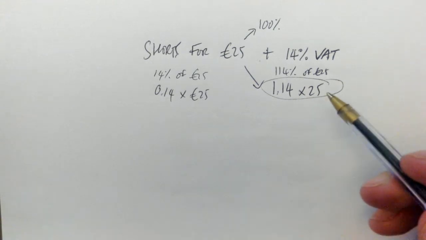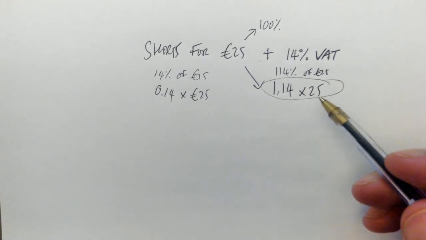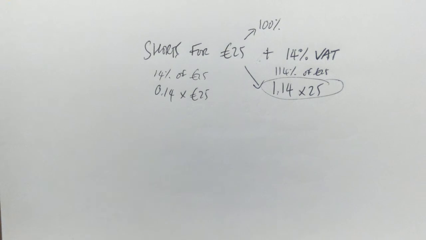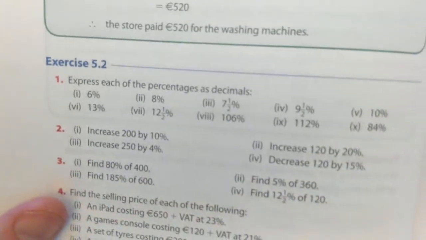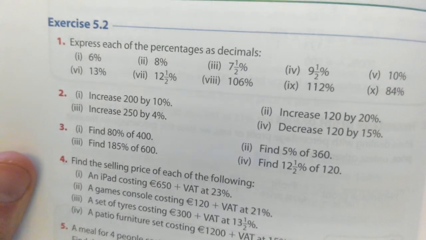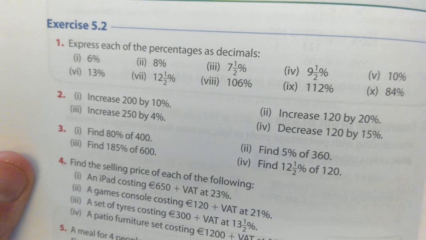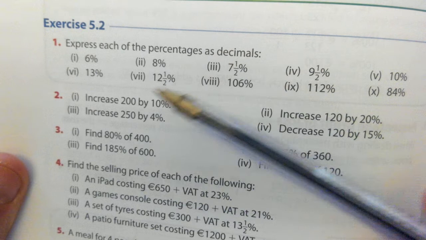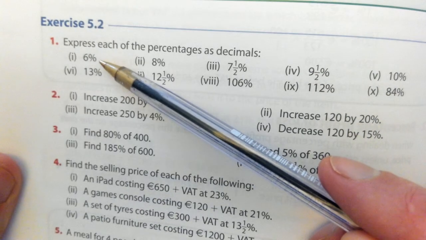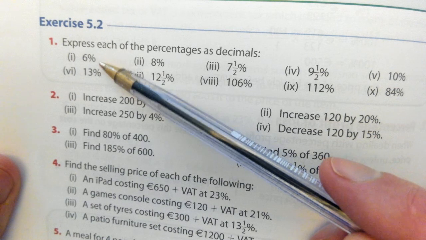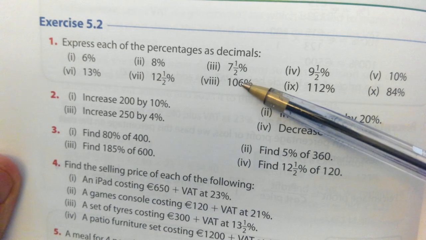Right, so once you've listened to this video, you're going to try some of these for homework, or classwork I should say. This is the page we're on, page 84. So you should be able to do question 1, express these as a percentage in decimals. 6% equals 0.06, etc. 106 is 1.06.